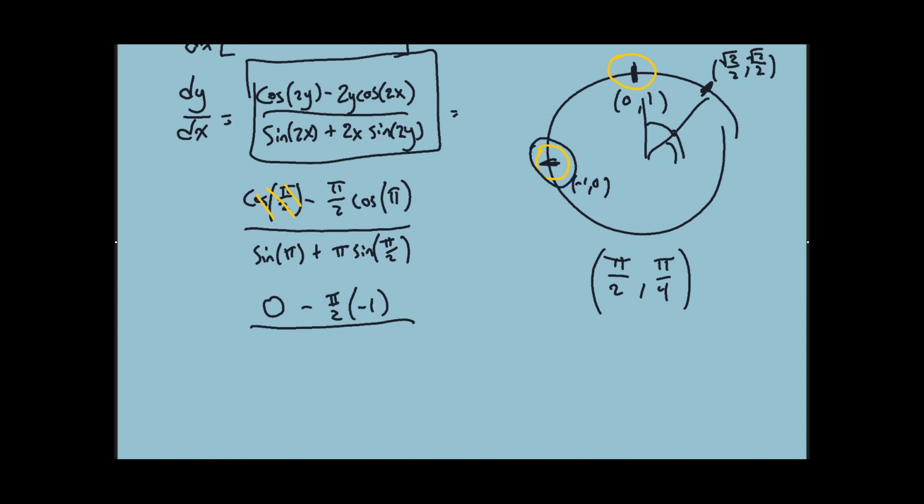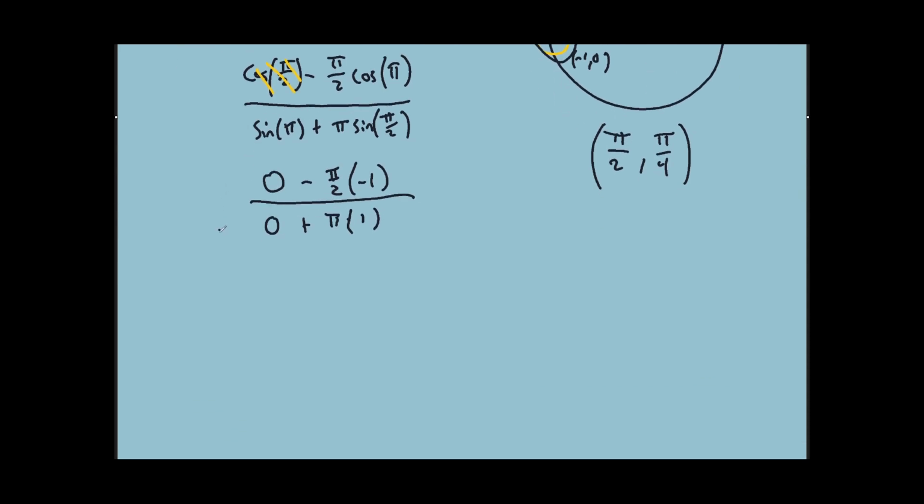That's also here. That's 0. That's the y coordinate at pi. Plus pi times what? Sine of pi over 2. Well, that is here. That's 1. So what do we get down to here? We get a positive pi over 2 on top divided by pi. So we'll just put the pi up in here. We'll cancel those out and we get 1/2.